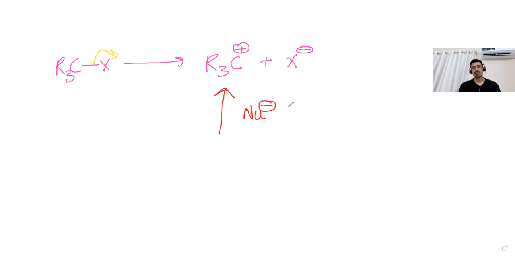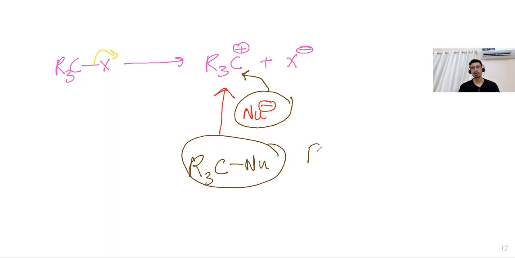When a nucleophile is present in the environment of this carbocation, it easily attacks this positively charged nucleus, because a nucleophile is always seeking a nucleus to attack. So now, what do we get? We get a new compound that is R3C-Nu. And this is our final product, or we can say that this product is the substituted product.